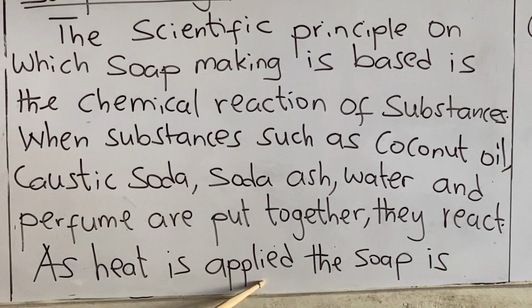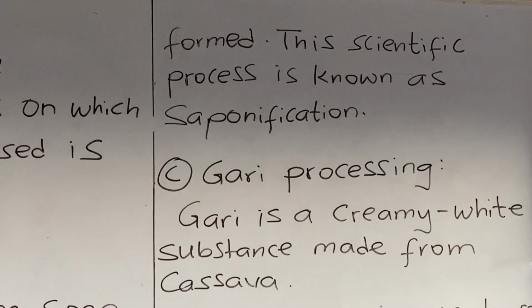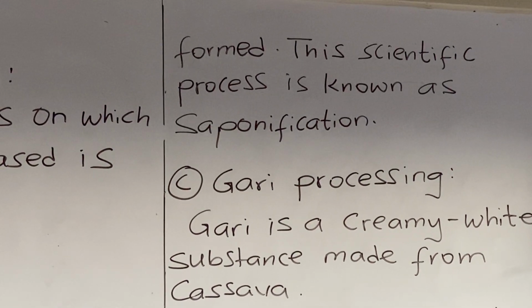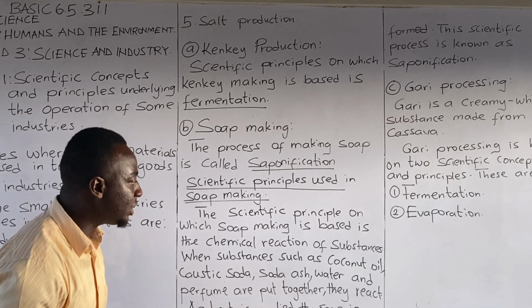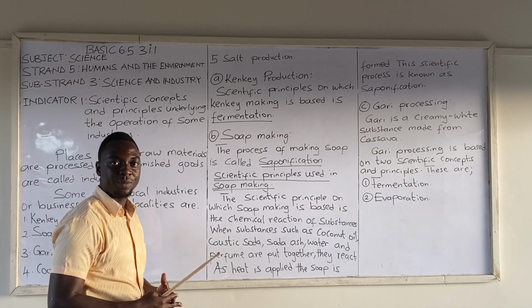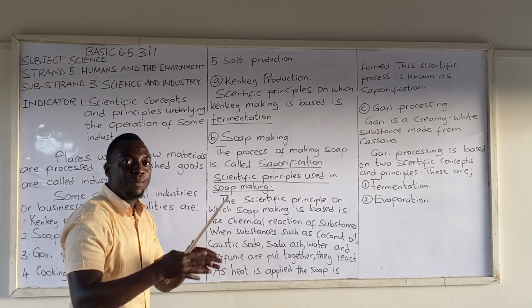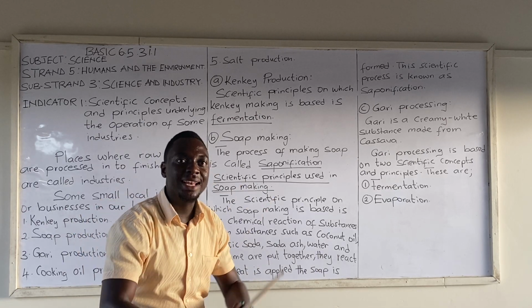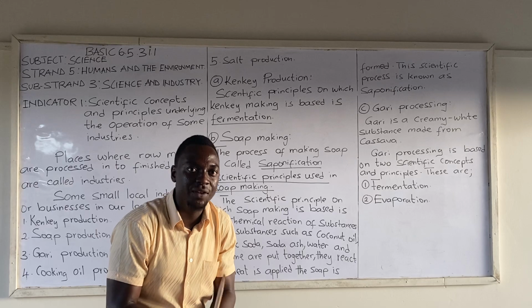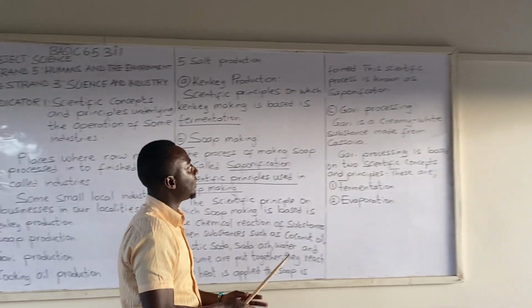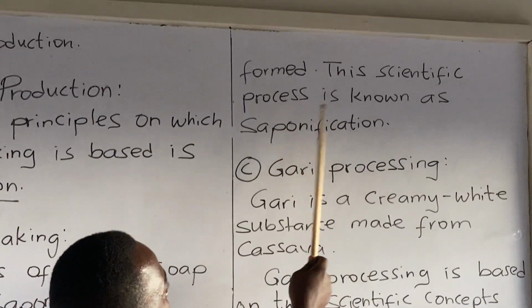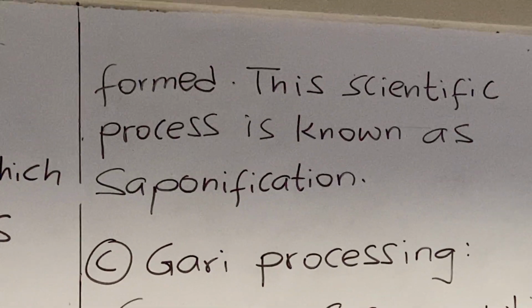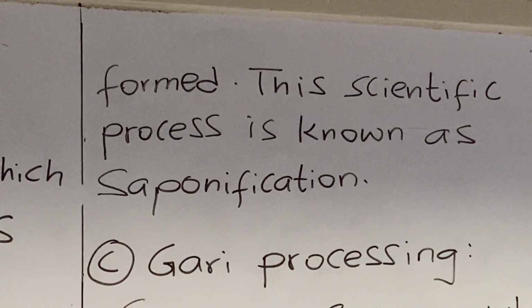As heat is applied, the soap is formed. When you apply heat to the mixture of coconut oil, caustic soda, soda ash, water and perfume, soap is produced, and that reaction is what we call saponification. This scientific principle is known as saponification, as I have explained earlier on.